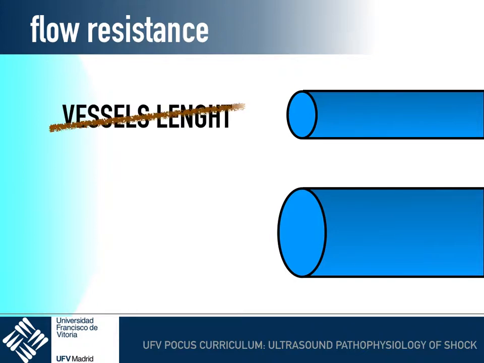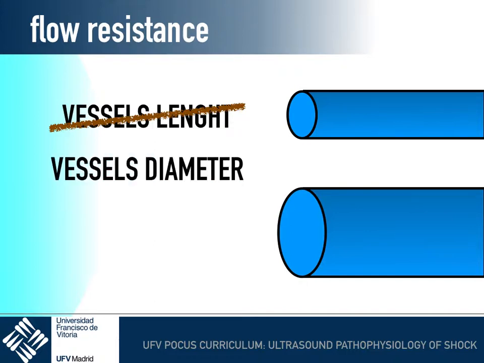We can say that in the body, the vessel's length will always be the same somehow. So the main measurement implied in the flow resistance is the vessel diameter. So in both pipes with the same flow, the first one will have more pressure, and the second one will have less pressure inside.